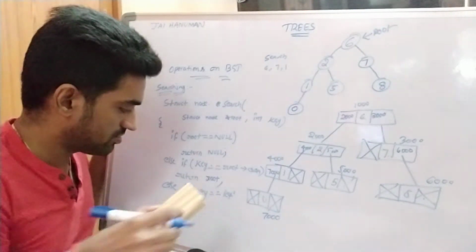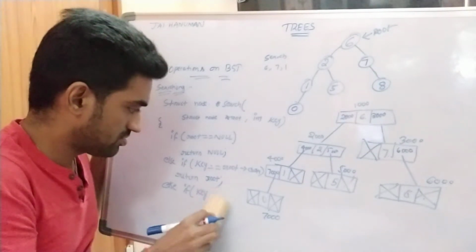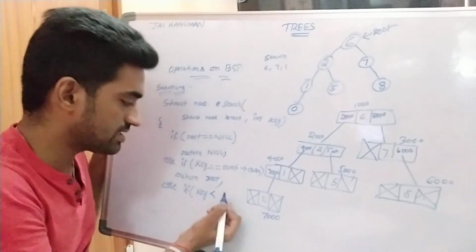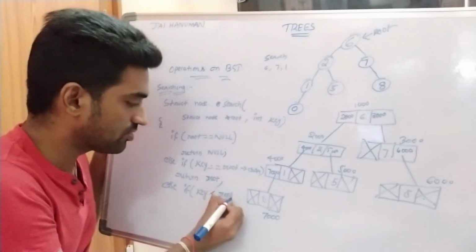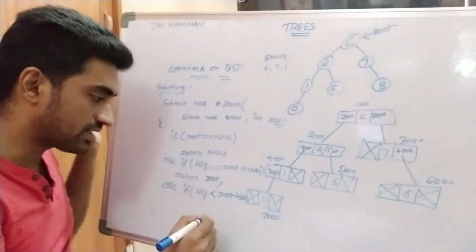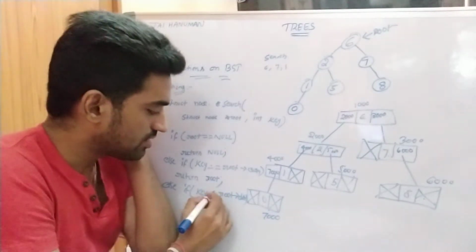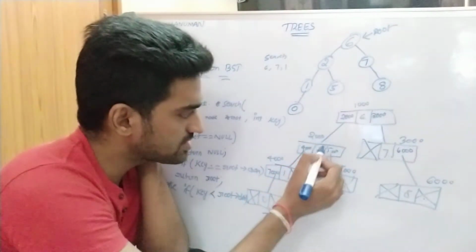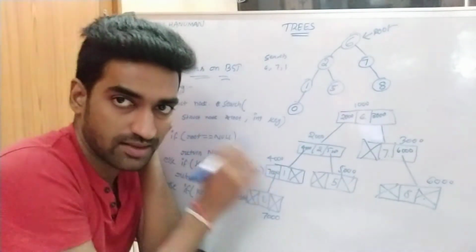Else if, we are checking one more condition: key less than root data. So if the key element is a lesser value compared to root data, compulsorily we search the left subtree.